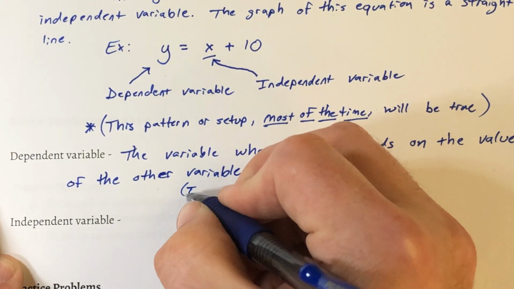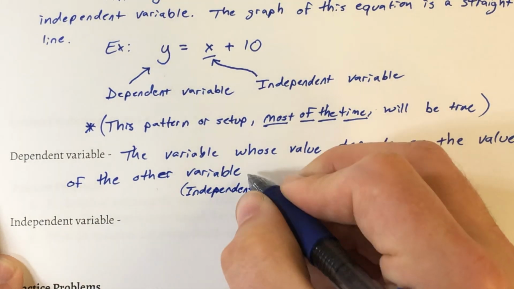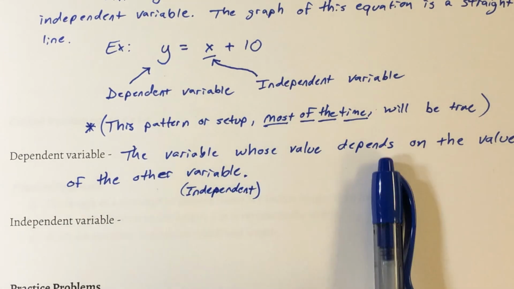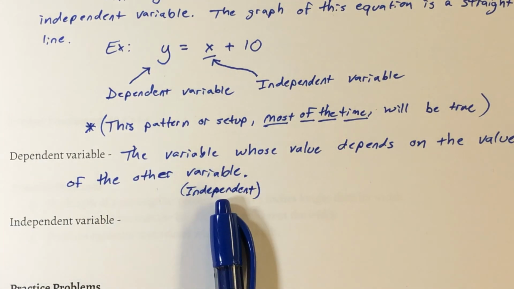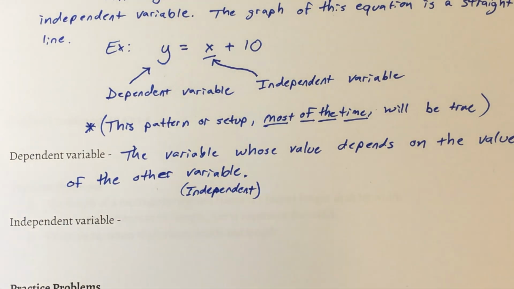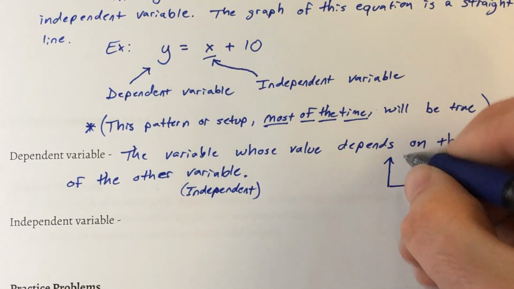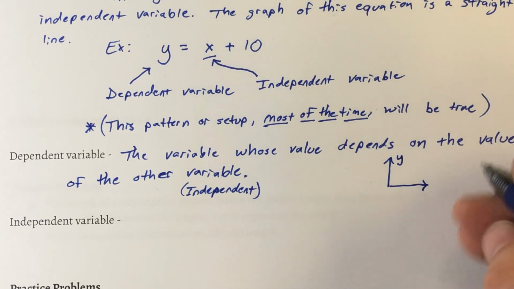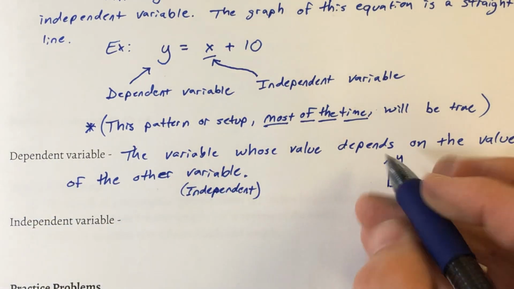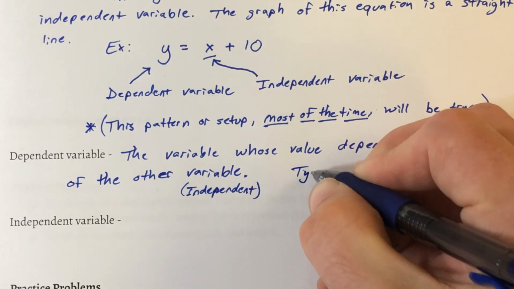We're referring to the independent variable. So the variable whose value depends on the value of the other variable, or depends on the independent variable. When you're graphing on your x and y axis, your y-axis being the vertical and x being horizontal, your dependent variable is typically going to be on the y-axis.